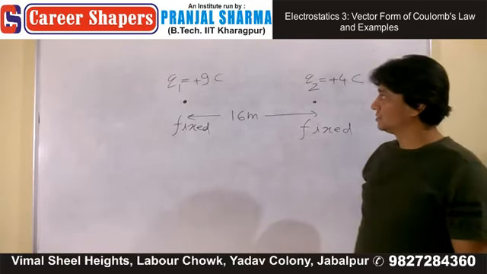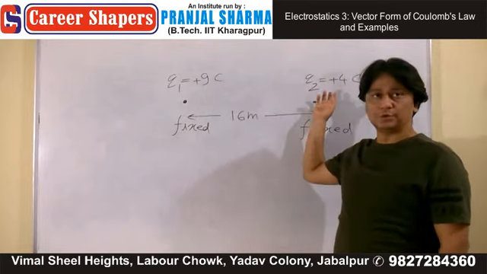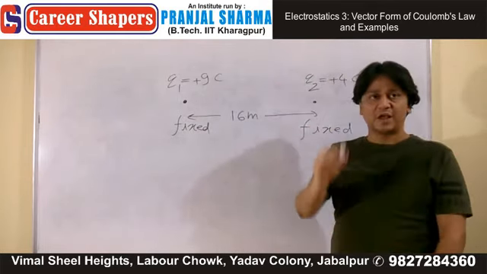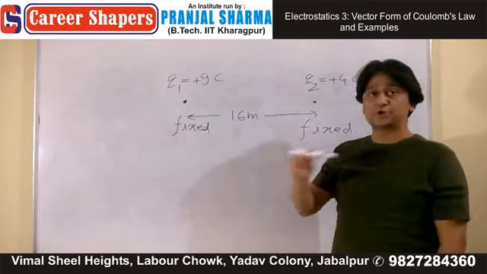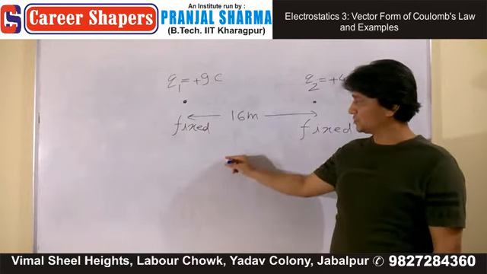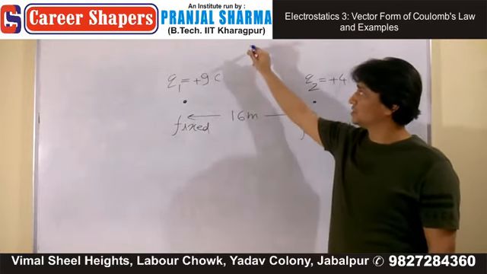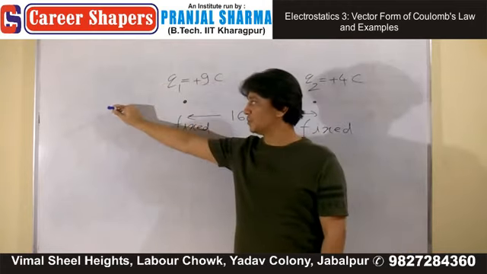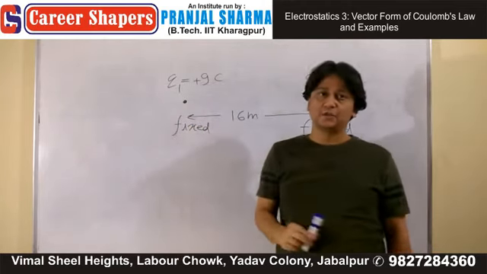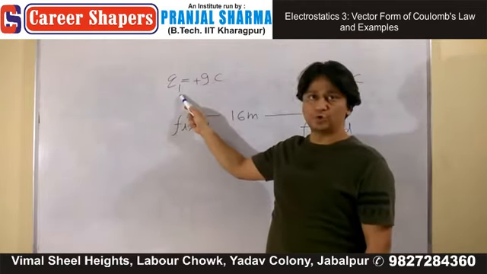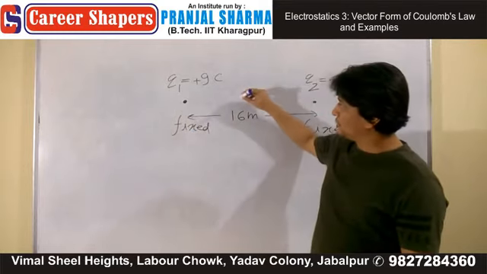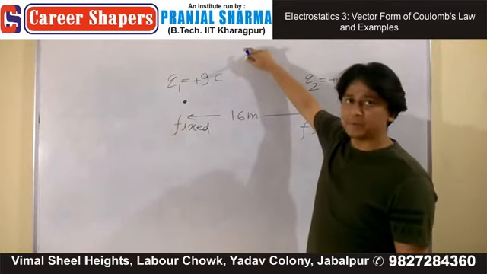What is the question? This is Q1, this is Q2. Let's say we have a third charge. Where should I place this charge? At this position, this position, this position? You need to define the position with respect to Q1. Like it should be placed here, or over here.